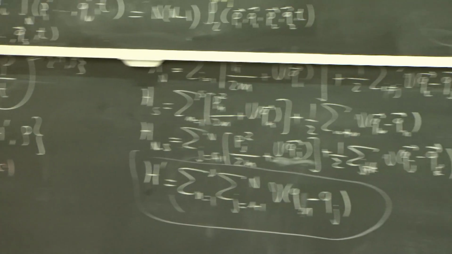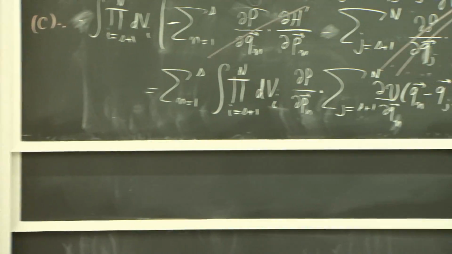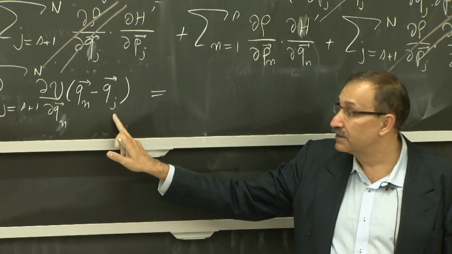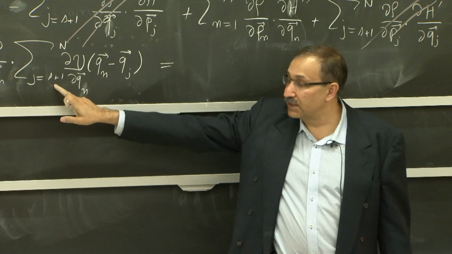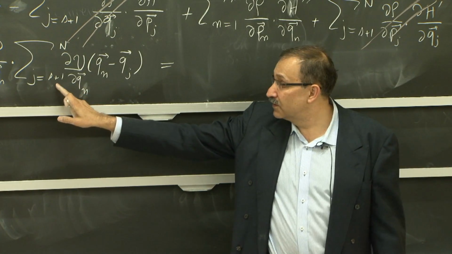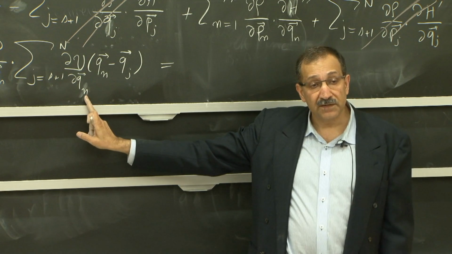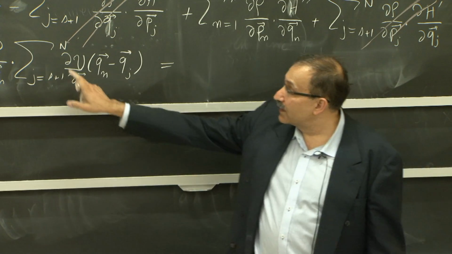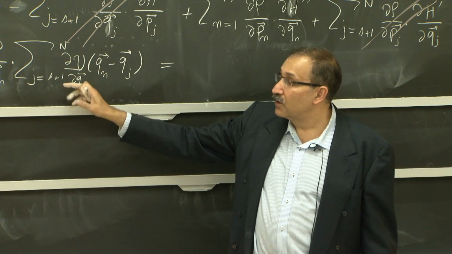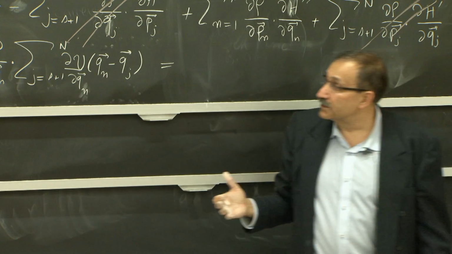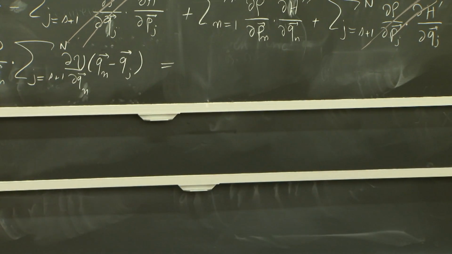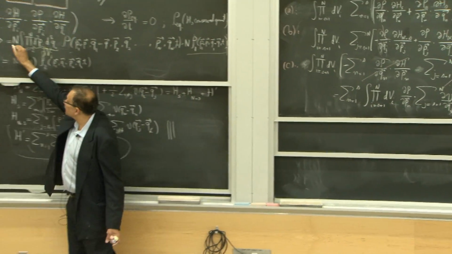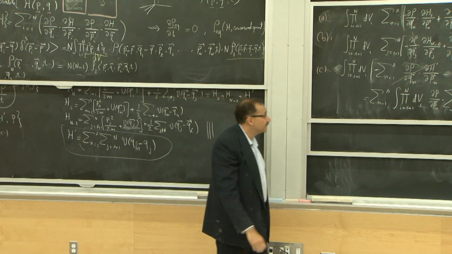Now, this sum involves the remaining particles. What is this? Up to a sign, this is the force that is exerted by particle j from the list of particles that I'm not interested in on one of the particles on the list that I'm interested in. Now, I expect that at the end of the day, all of the particles that I'm not interested in, I can treat equivalently, like everything that we had before, like how I got this factor of n or n minus 1 over there.